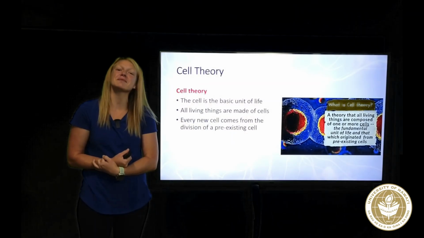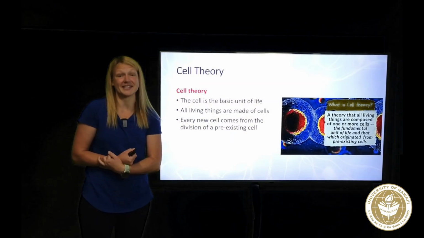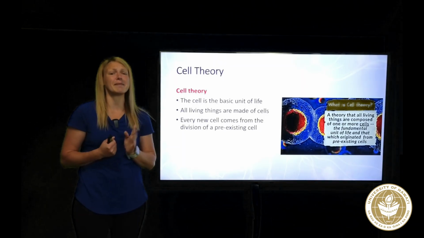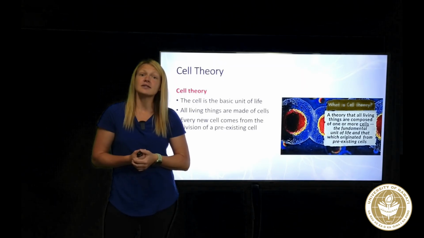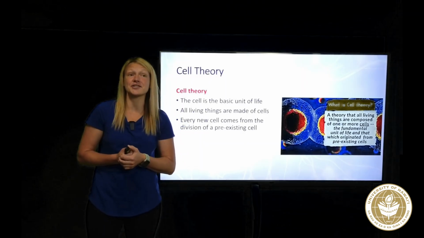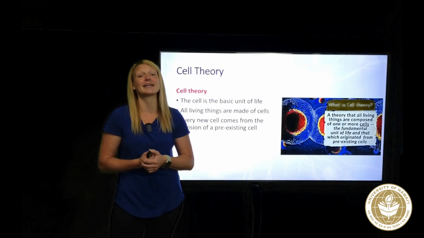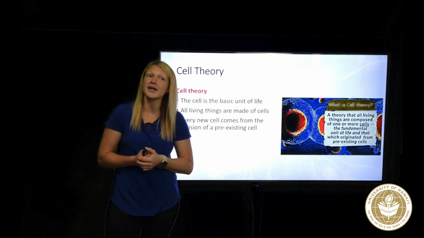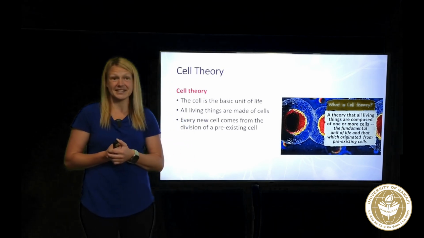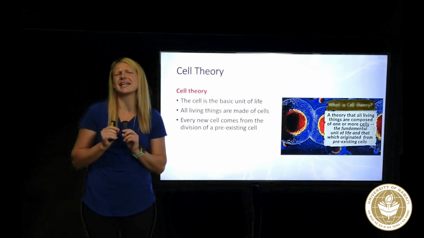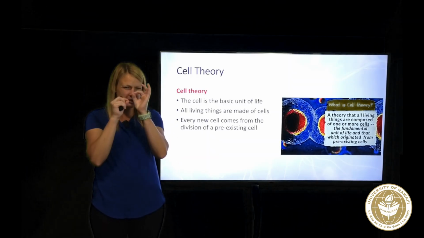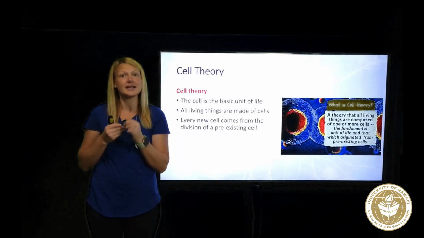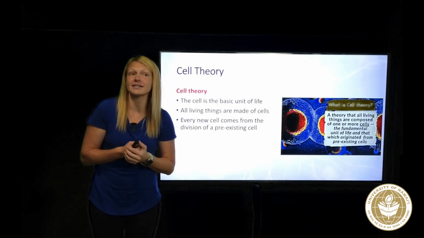Our first learning objective is to learn about the cell theory. I briefly mentioned cells and the cell theory in our Chapter 2 lecture. The word cell was first used by a scientist known as Robert Hooke back in 1665. He was looking at cork tissue under a microscope, and he saw what appeared to be small little chambers, and he termed them cells.